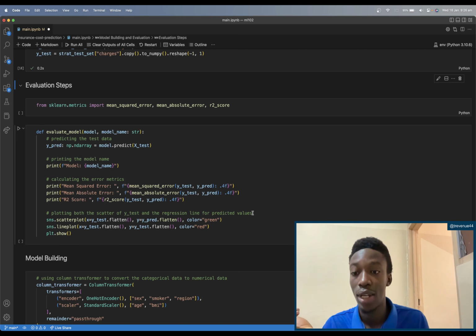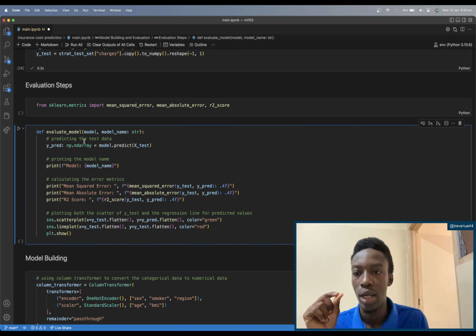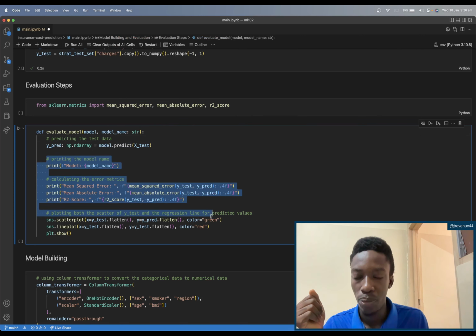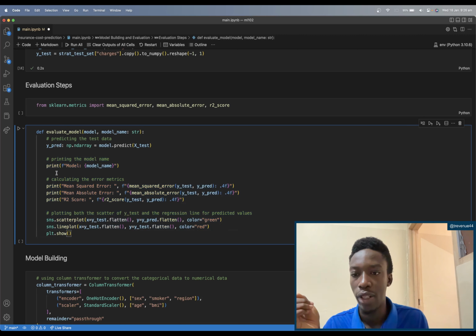So I put it into a function where I basically passed that model to that function, and using NumPy and the sklearn metrics, I'll print out some metrics of that model. For example, I'll do a prediction on the test set, then I'll print out the mean squared error and mean absolute error.